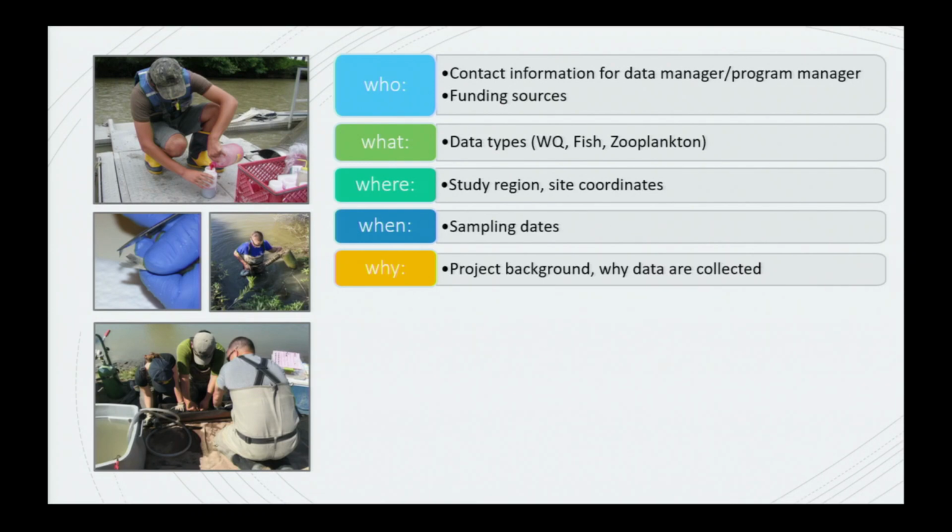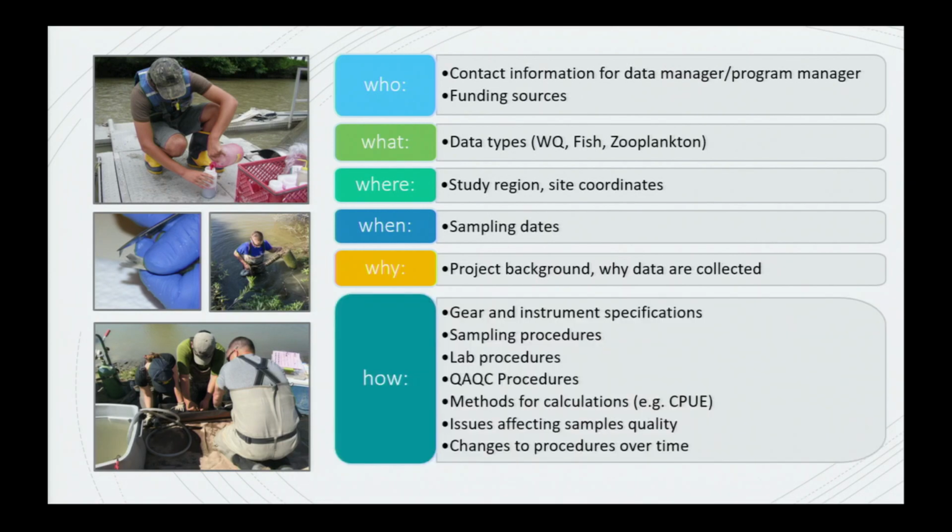The why, there's an abstract that Rosie talked about and Jenna will talk about. And here you'll include why your data are being collected, what's a little bit of background about your project or your study. And then the big question that you're going to answer here is the how. So people might really want to know exactly how you're doing things.